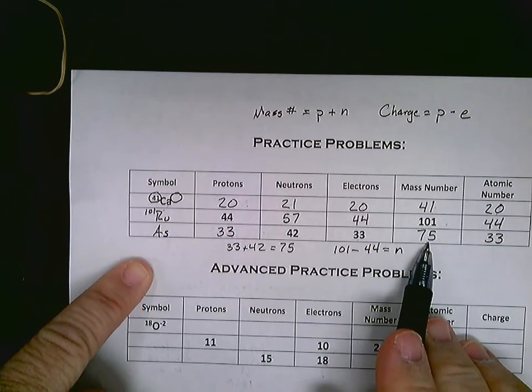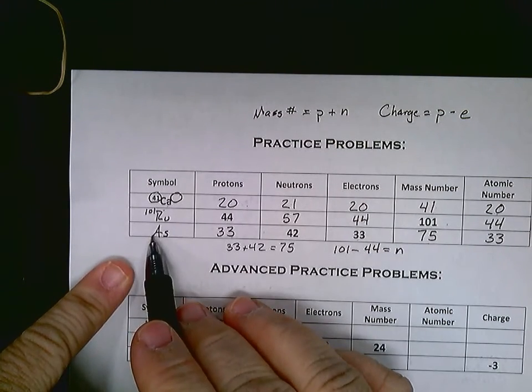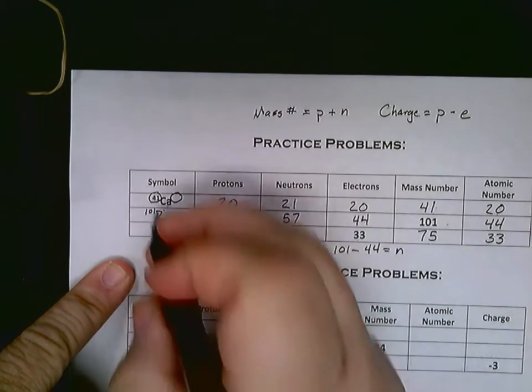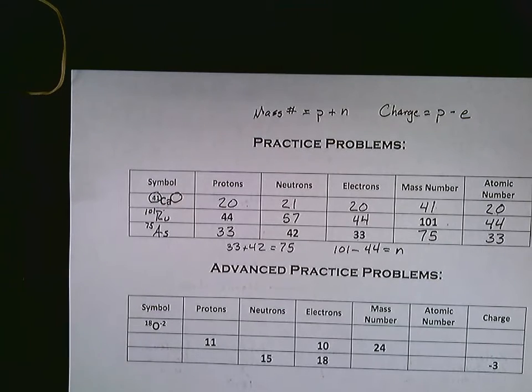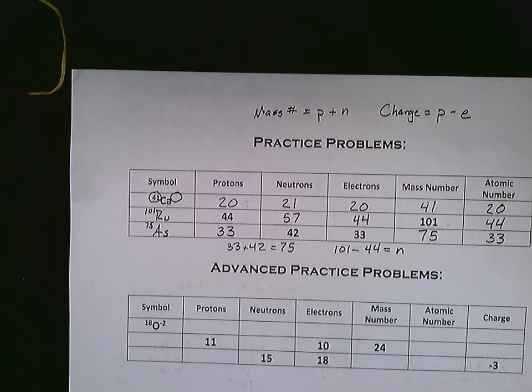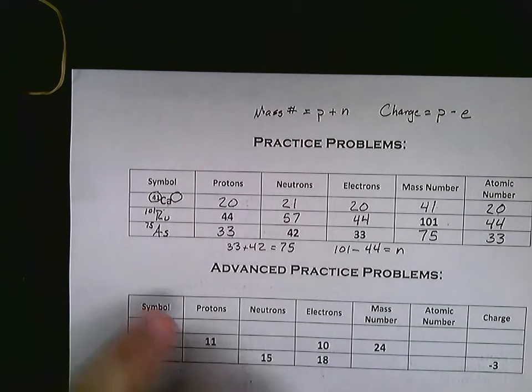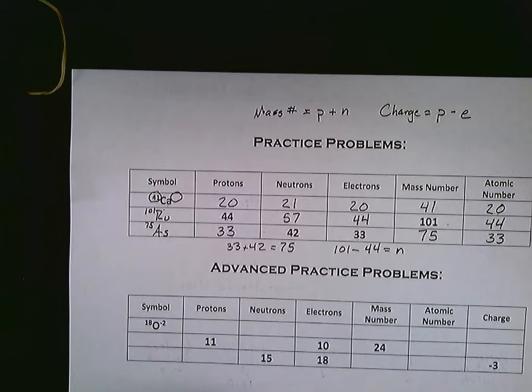Remember, we have to put the mass number on our notation, on our symbol, so that means we're going to put the 75 in the upper left corner. So this is how to do basic PNE calculations.